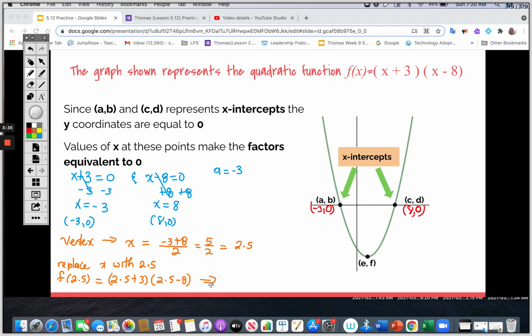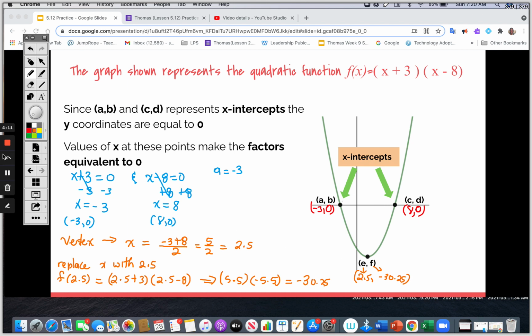When that is simplified, that becomes 5.5 for the first factor times a negative 5.5, which when multiplied is a negative 30.25. So our y value is negative 30.25. So what do we know? We know that e is 2.5, and we know that our f is negative 30.25.